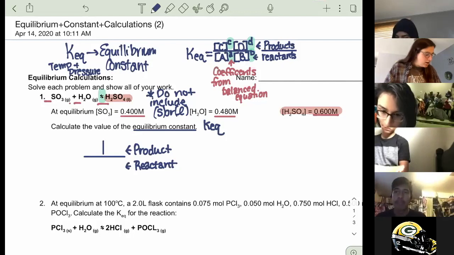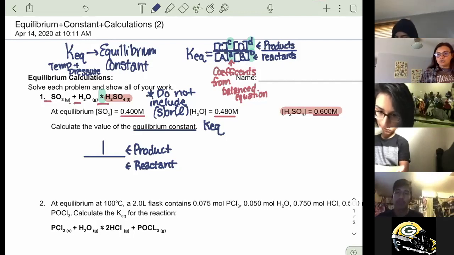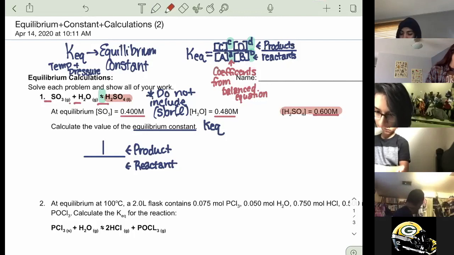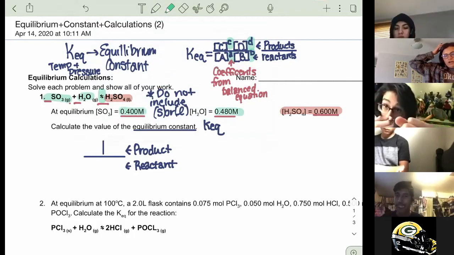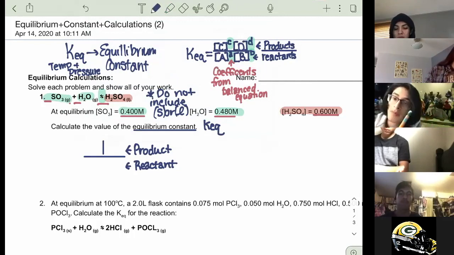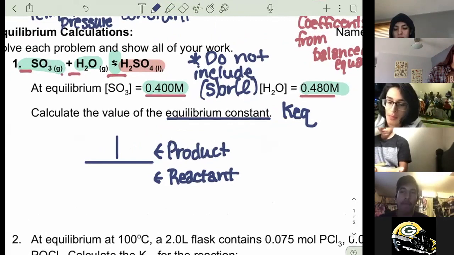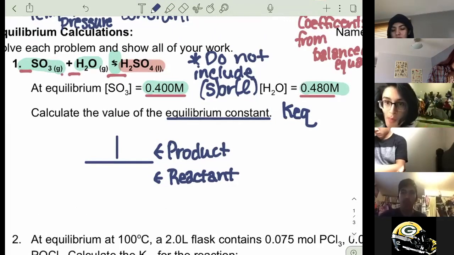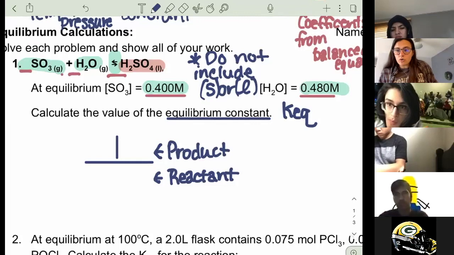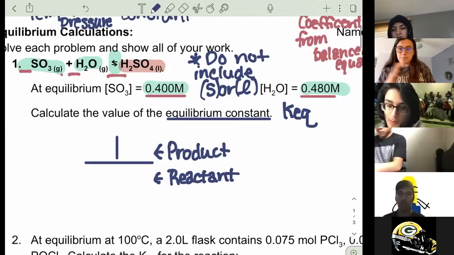Then our reactants do need to be included on the bottom because they are gases. The nice thing for us, it's already in molarity. So we would write the concentration of our SO3, our sulfur trioxide, which is 0.400. There is no coefficient, so we do not need to put it to a power.